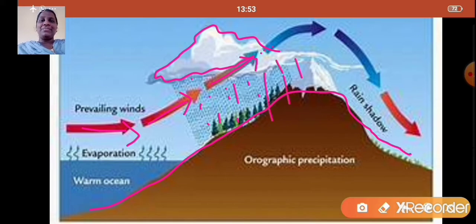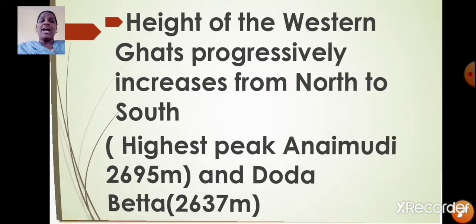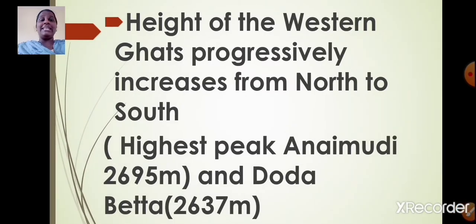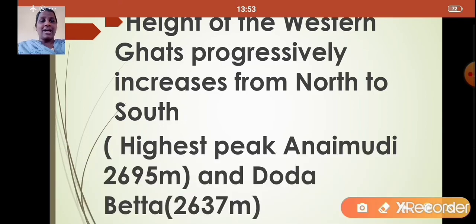I hope you have understood about the orographic rain. Height of the Western Ghats progressively increases from north to south. Highest peak is Anaimudi. You need to remember this. It is asked in exams. Highest peak is Anaimudi, 2695 meter, and Doda Betta is 2637 meter.